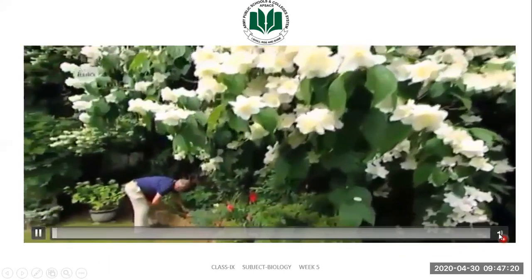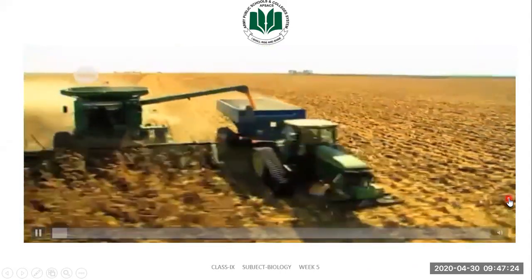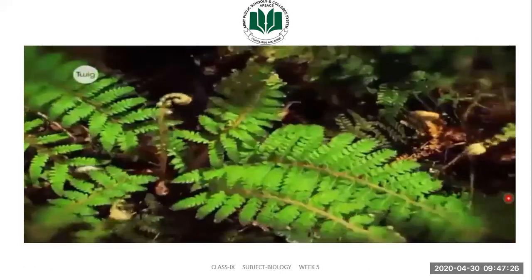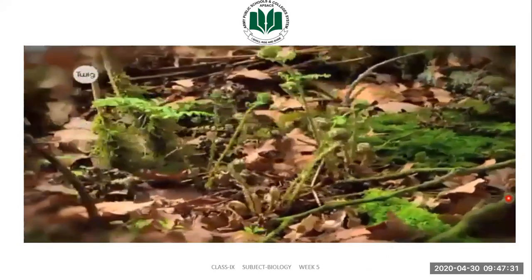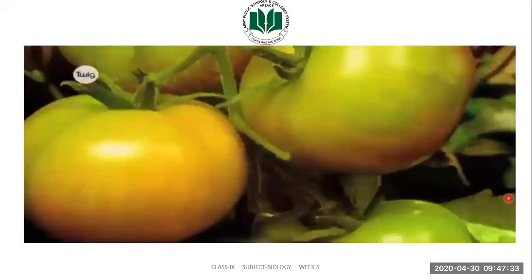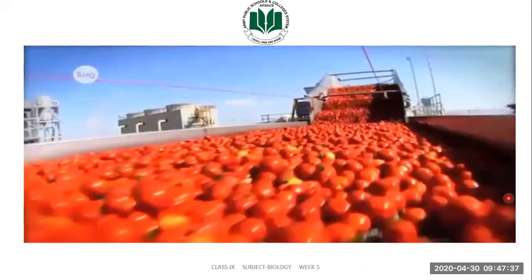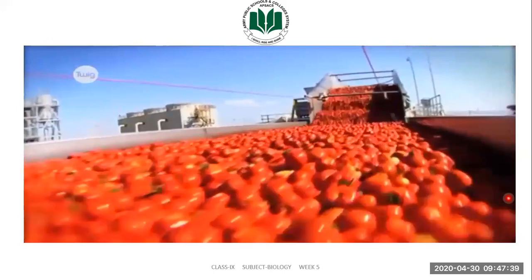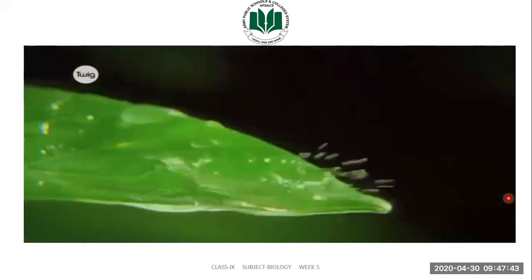To create a beautiful garden, or to produce food crops on a large scale, we need to understand how plants grow. Without plants to produce oxygen and provide our food, we wouldn't be alive. So understanding what keeps them healthy is vital.